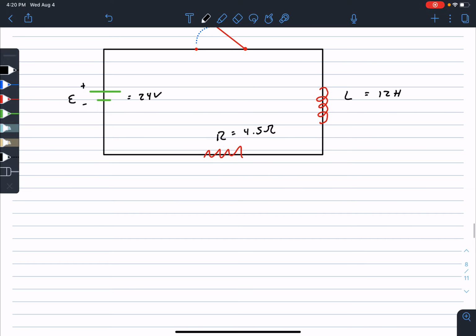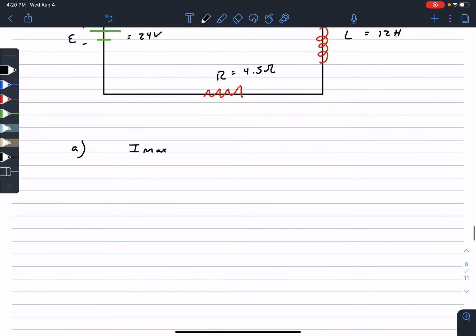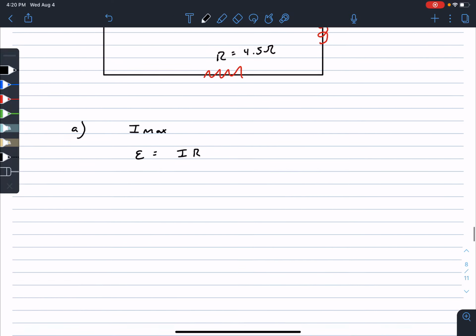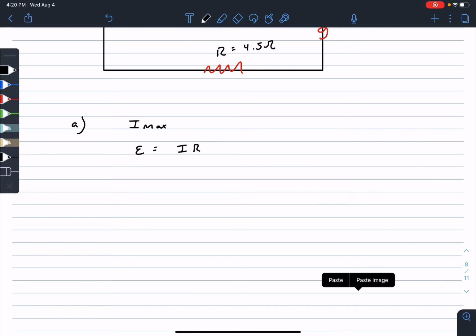The first thing we're asked to find, part A, is I max, the maximum current. What can we maximally have? Well, we're going to have the battery. As soon as the switch closes, we have 24 volts. Let's recall E equals IR. This would be maximum, so this is I max, and this is going to be R. Why is it max?